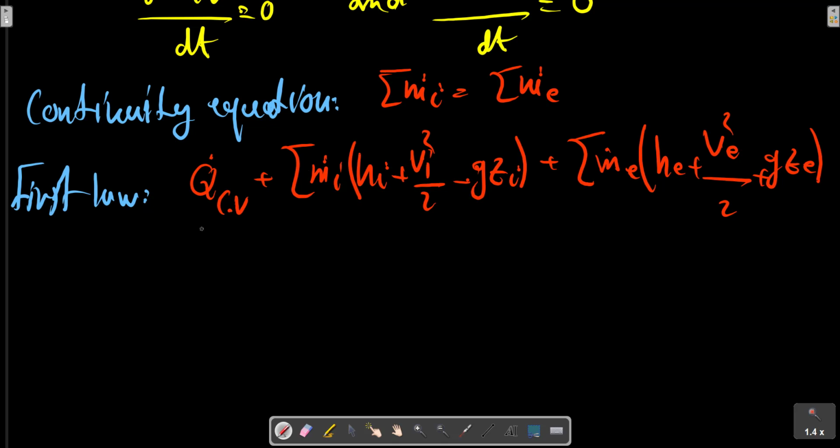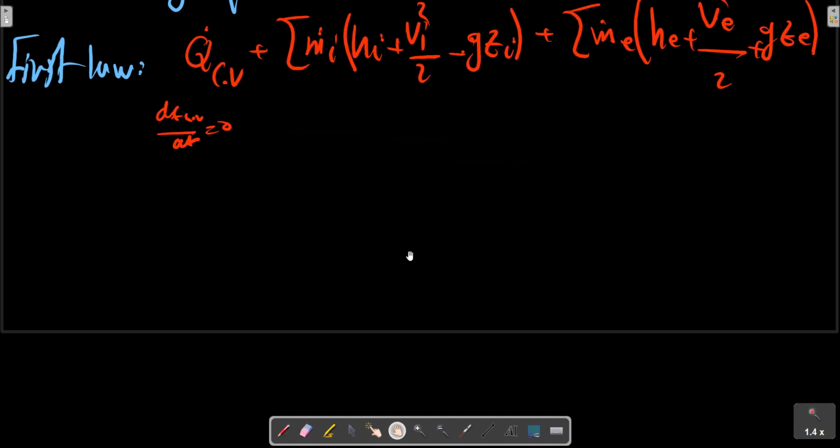This is due to the first law: dE on the steady state process equals 0. And we also have the third assumption.